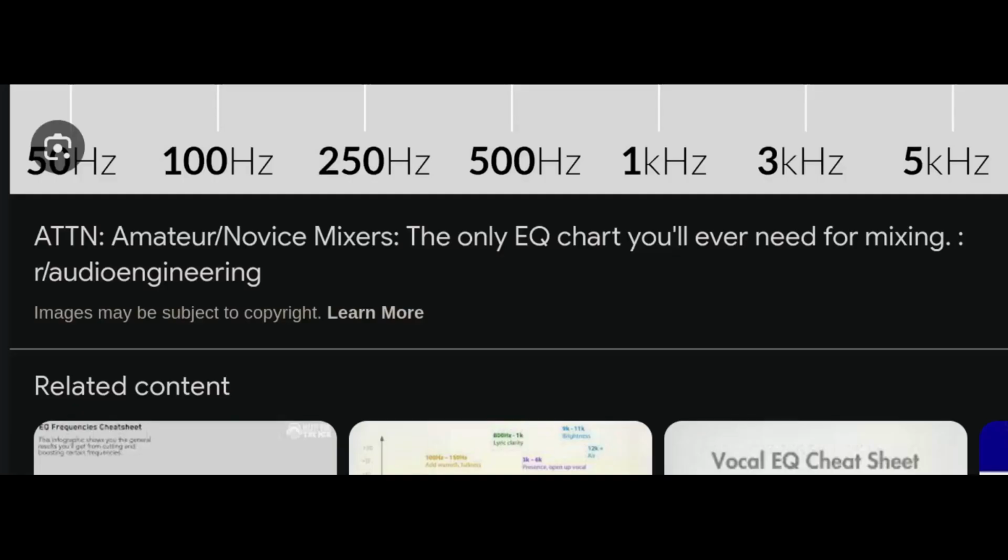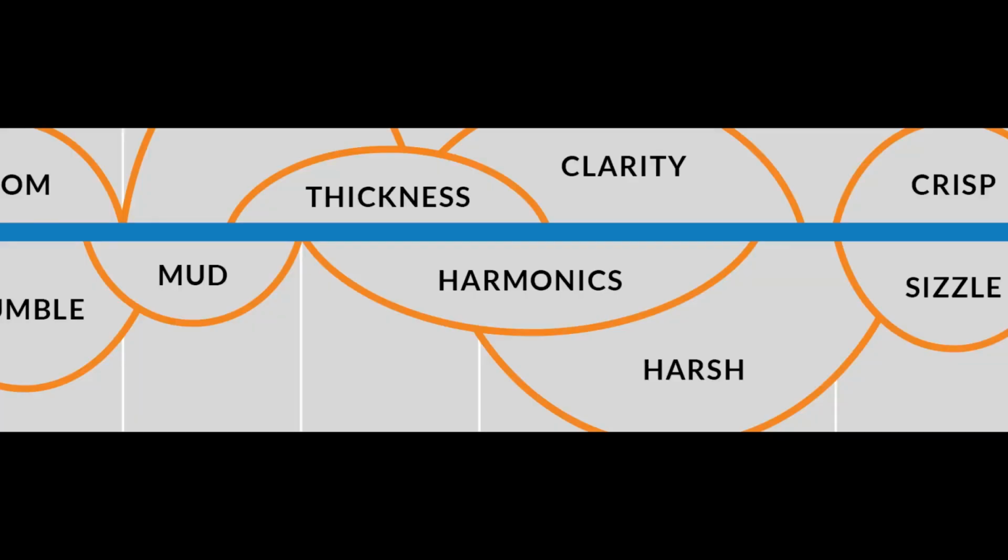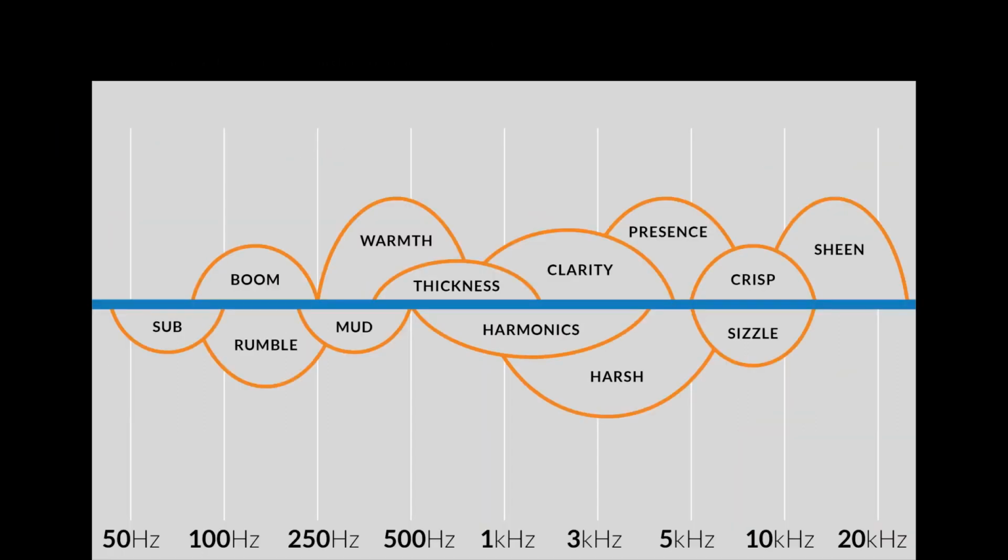Attention, amateur novice mixers, the only EQ chart you'll ever need for mixing. Let's take a look. Harmonics? What does that even mean in this context? The harmonics of what?